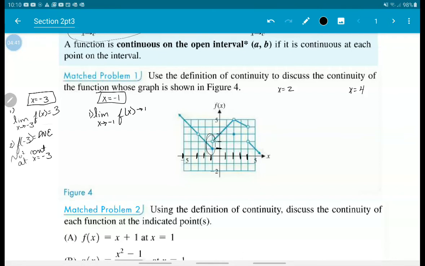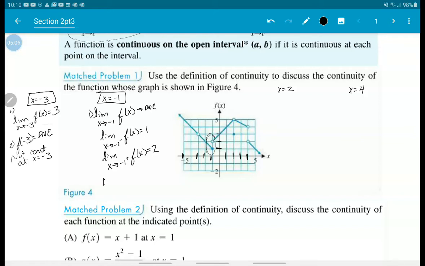So this limit does not exist because the left and the right-hand limits don't match up. So our limit doesn't exist.